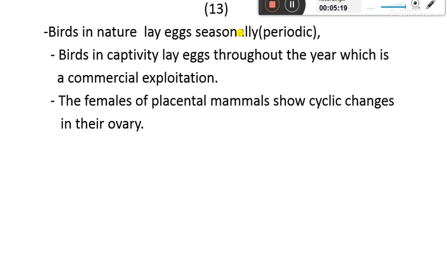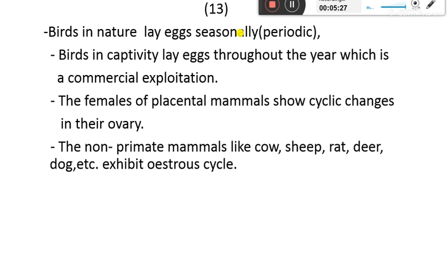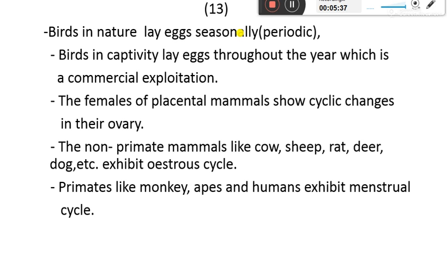The females of placental mammals show cyclic changes in their ovary. Non-primate animals like the cow, sheep, rat, deer, etc., exhibit the oestrus cycle. Primates like monkeys, apes, and humans exhibit the menstrual cycle.